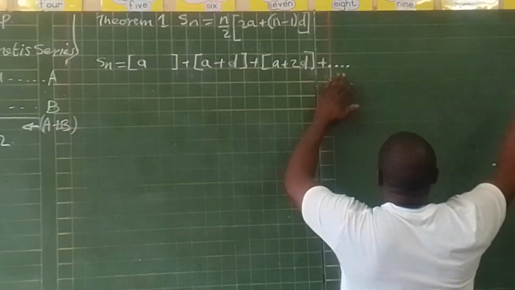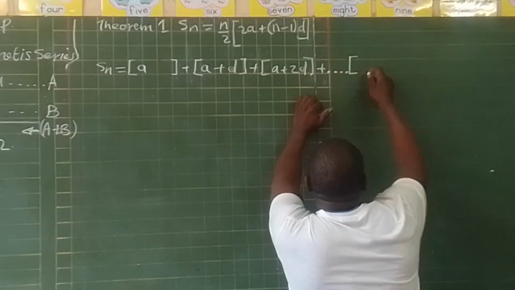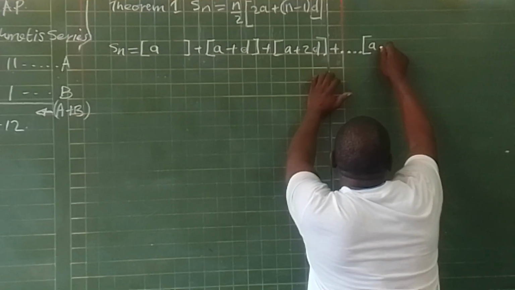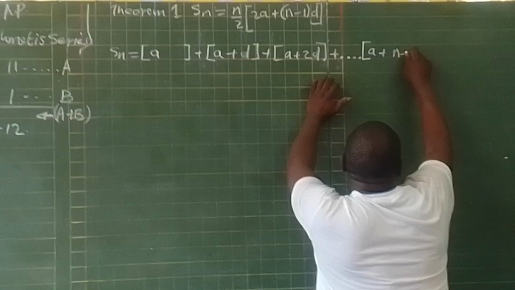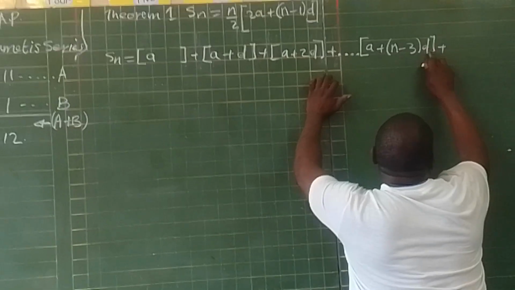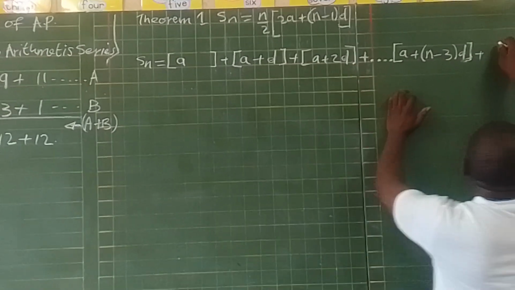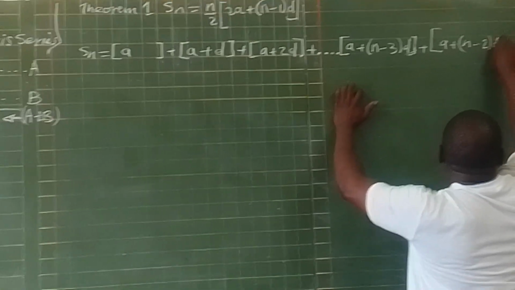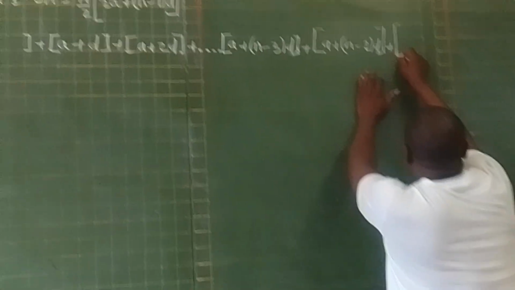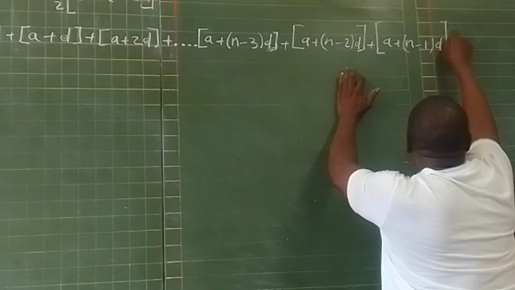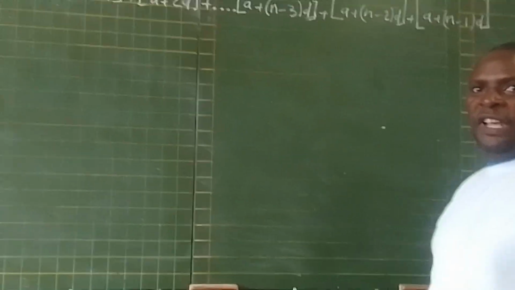Then we want to go to the last ones. We take the third from the finish, a plus the third from the finish, plus the second from the finish, plus the last one. This is what we have.